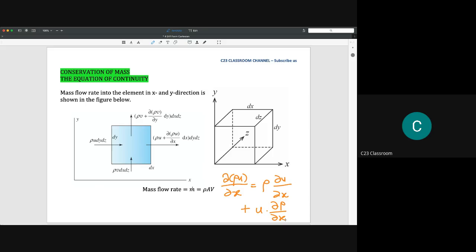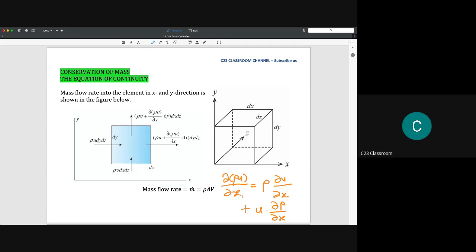That's why we write the output here using the partial differential, because sometimes the density might be constant and the change is in the velocity, and then we add the changes of density while keeping the velocity constant.